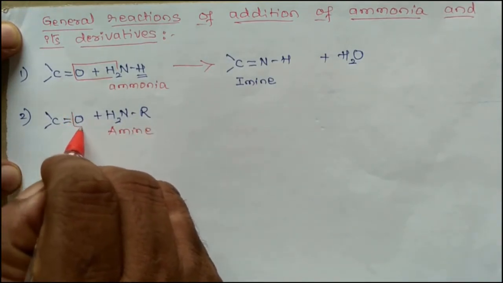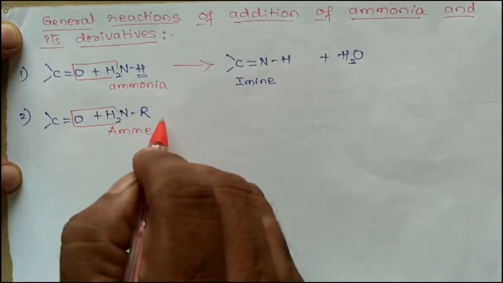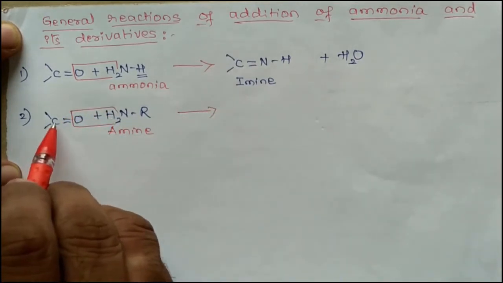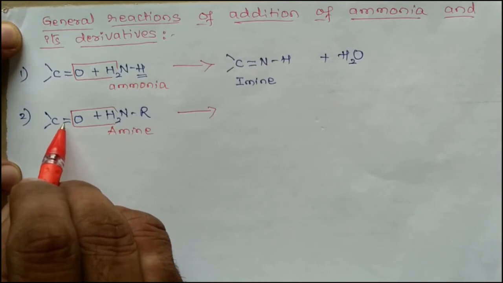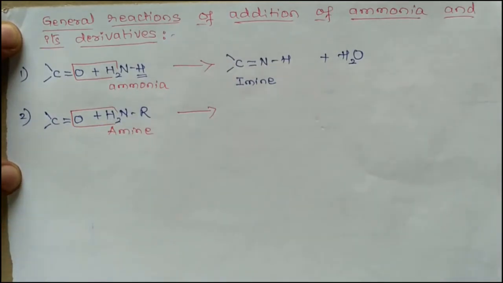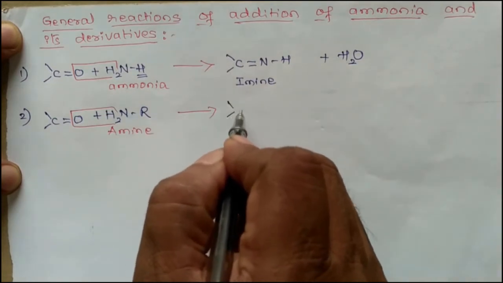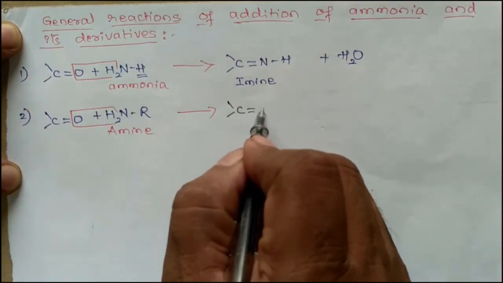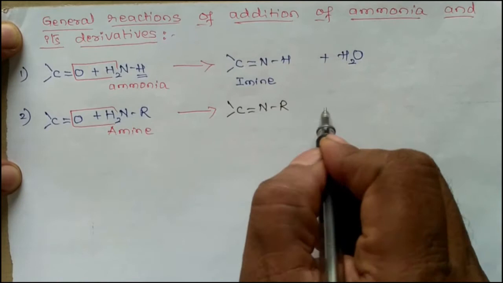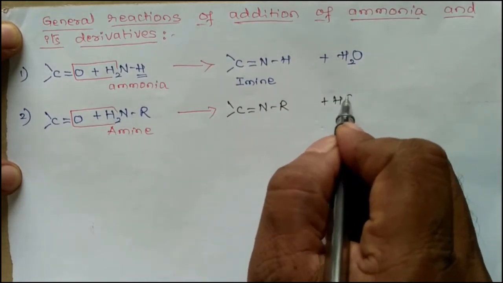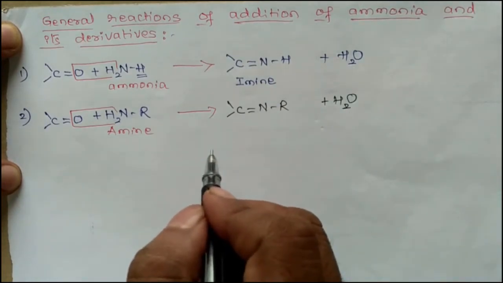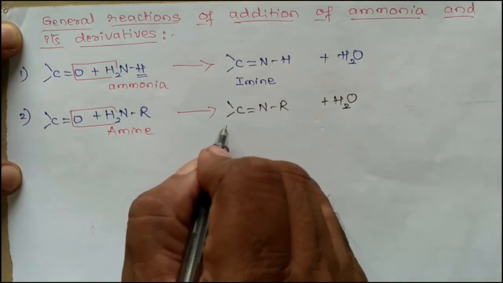In all these cases, you have to eliminate a molecule of water, then link this carbon to this nitrogen through a double bond. Here we write this compound C double bond NR plus H2O. This compound is known as substituted imine.